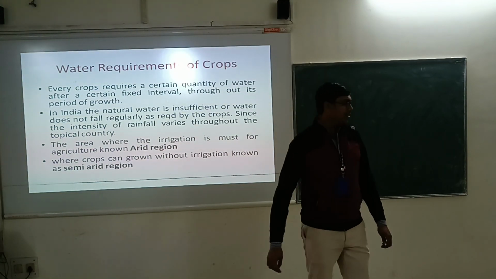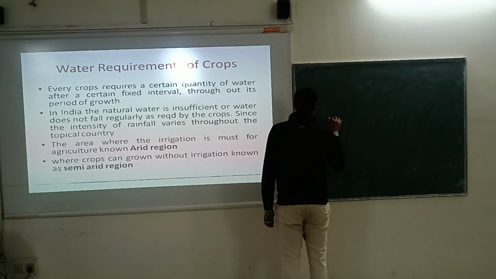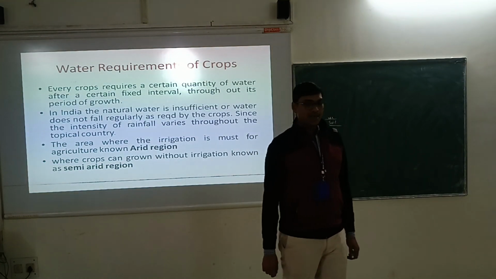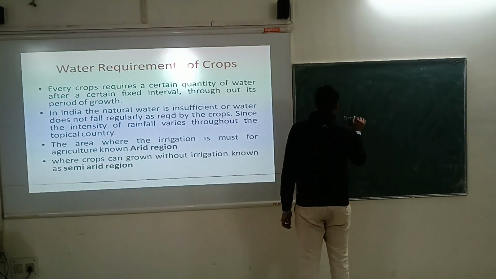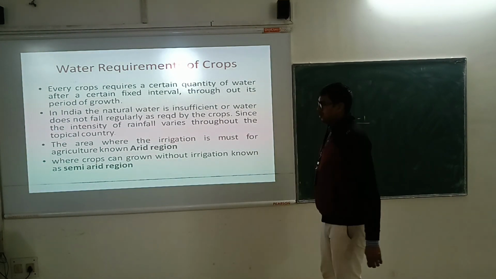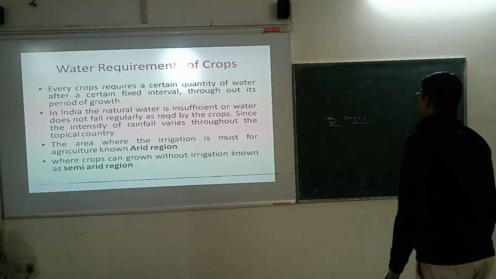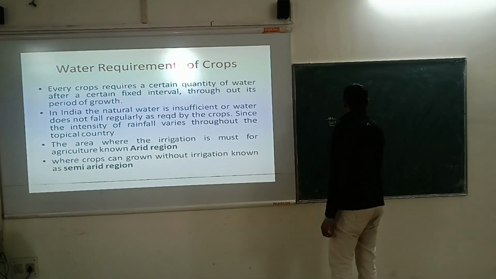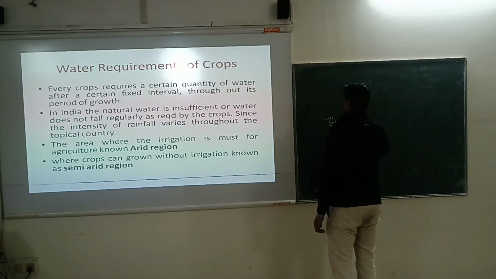That means suppose there is a crop, and in the very beginning the first thing is we sow the crop into the soil. Suppose we sow it on day 1, and from day 1 up to the harvesting, suppose this is day 15, let us assume.